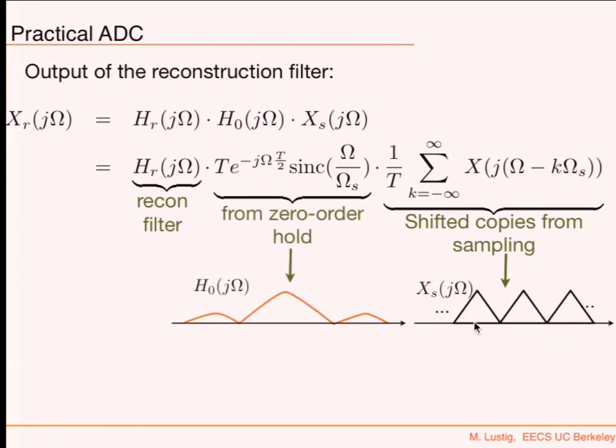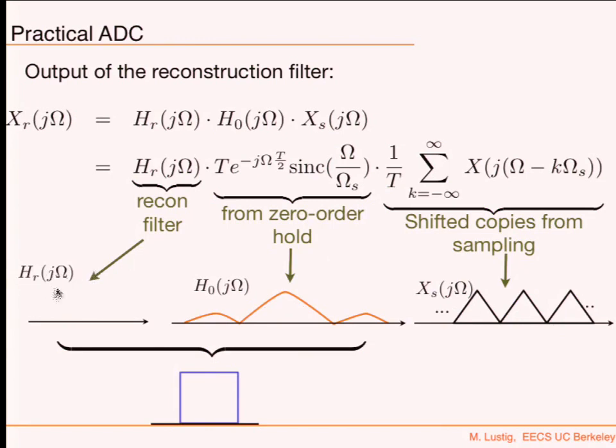So of course, some of these side lobes, or the other replicas, will stay. But really, what I want to do is to convolve with a sync overall. So what I do is an analog filtering with a reconstruction filter such that this multiplied by this will give me a rect, which is going to look like this.